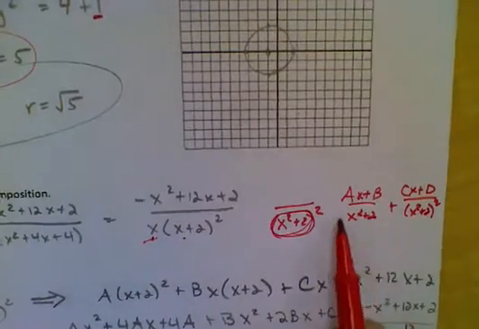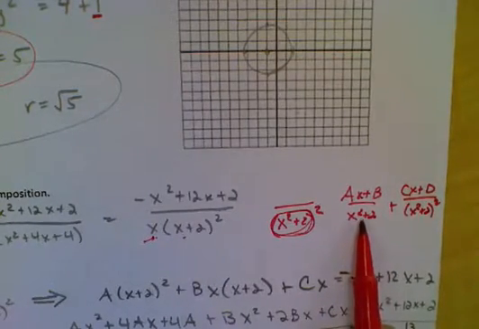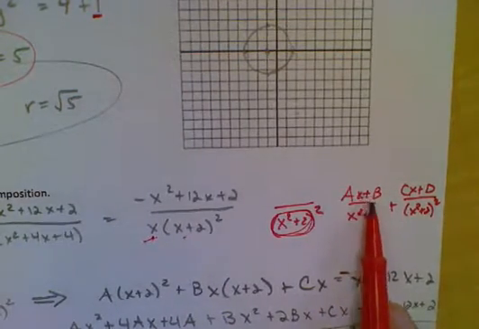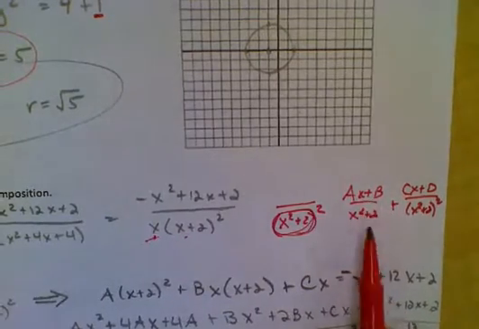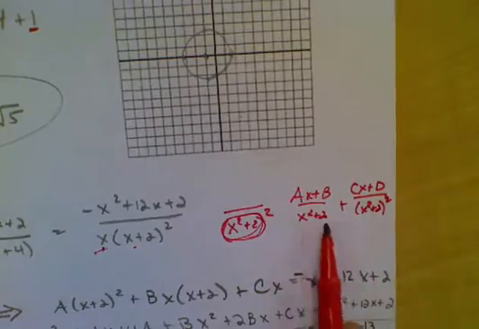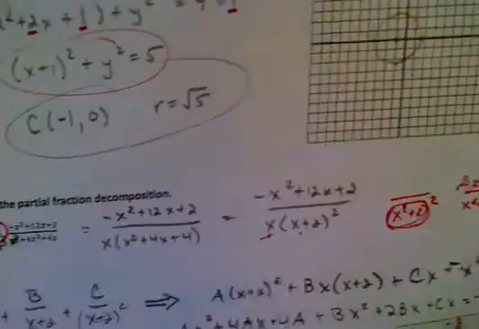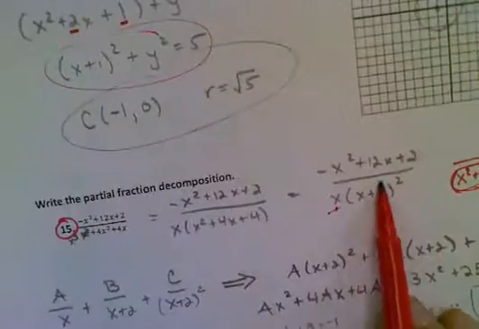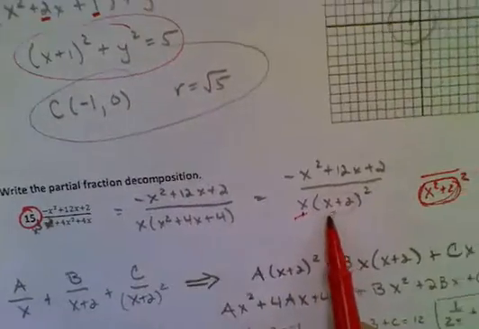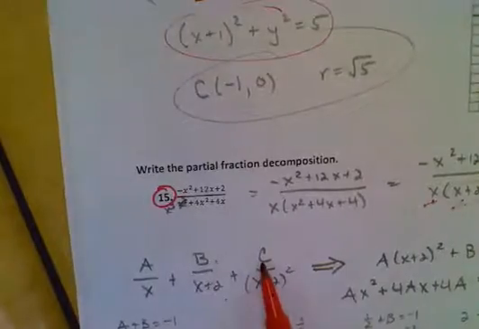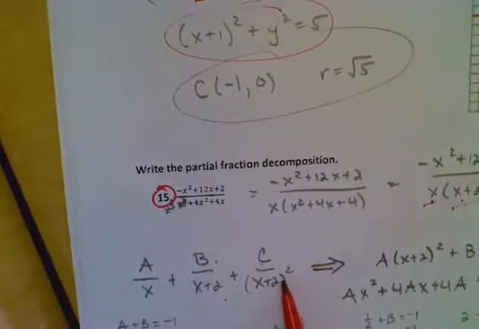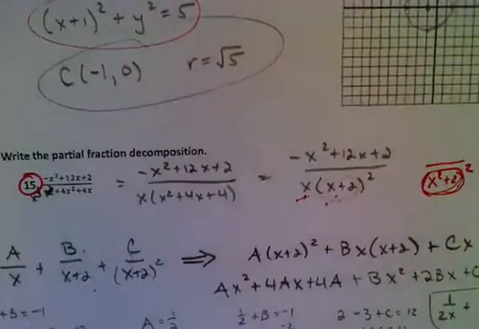So if the factor isn't linear, then you have to put a linear on top. So if that is a quadratic, then you have to put a linear on top. If it's duplicated, you have to do both of them, to the first and to the second. But in this case, the factor was x plus 2. That is linear, so now all I have to do is do B over x plus 2 and C over x plus 2 squared.